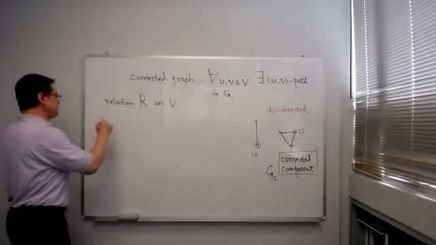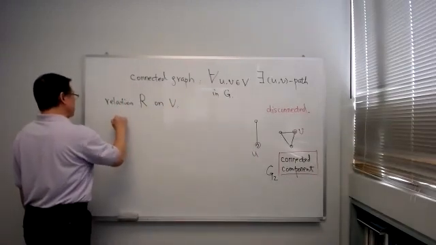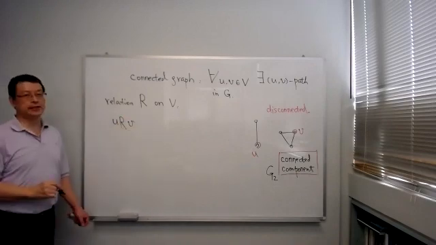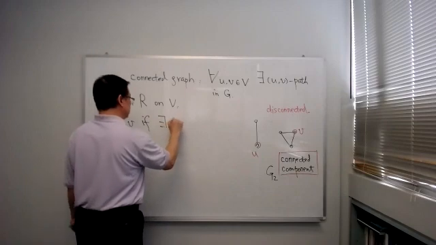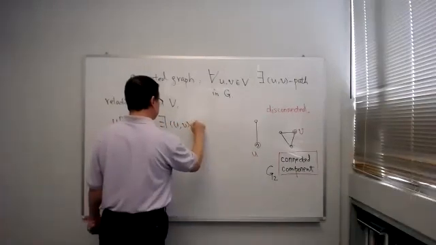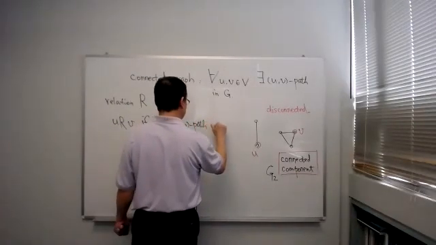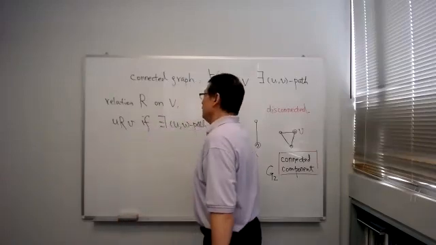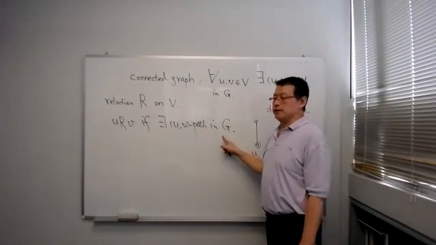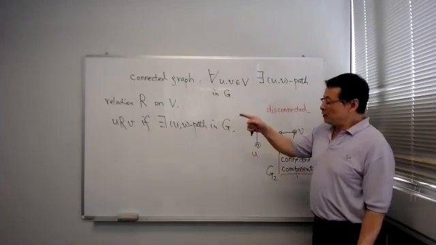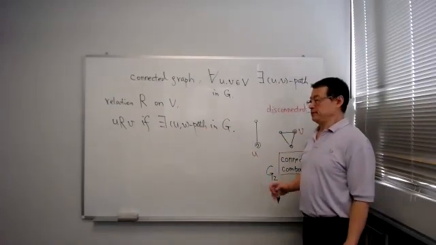Right. So two vertices, U and V, will be related if and only if there exists a UV path in G.